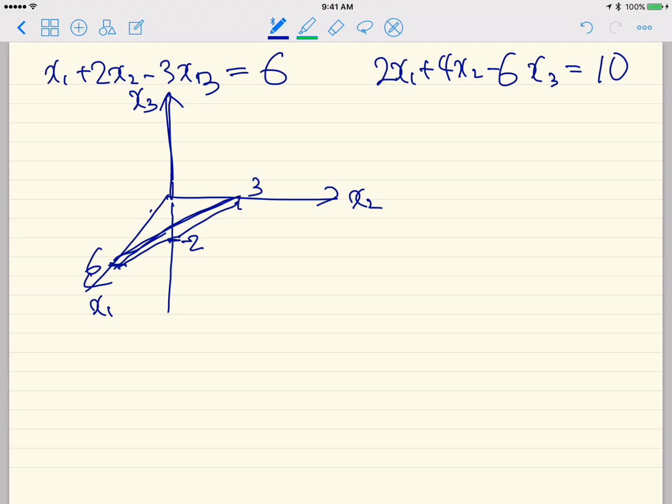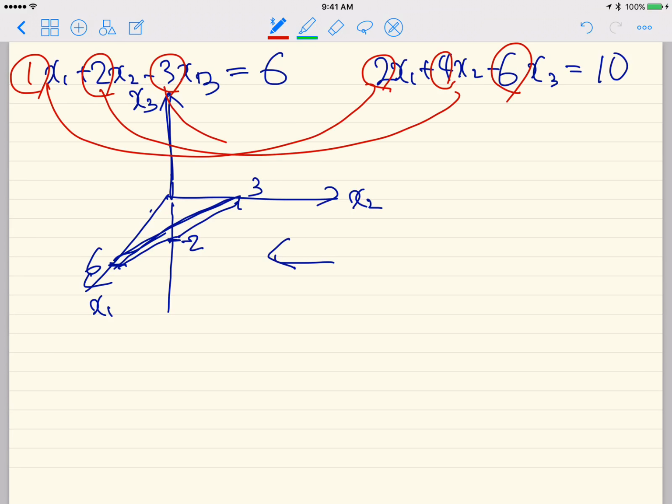Okay, so in that case, you guys know this plane is parallel with the first plane, right? Because we know, let me use a different color, 1, 2, 3, and 2, 4, minus 6, having all the same ratio. But this guy doesn't have the same ratio, right? And then in this parallel case, we know that there is no solution, right?